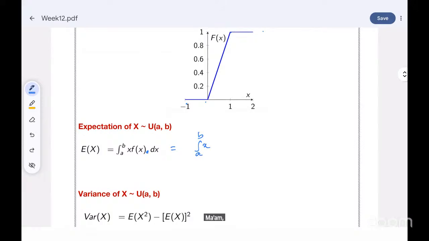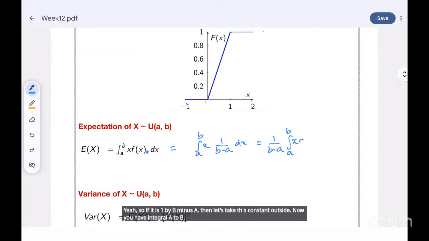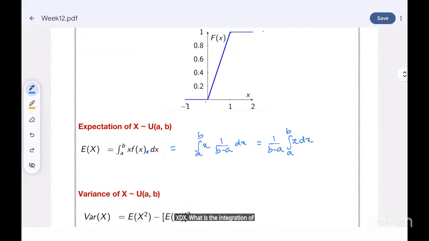This is just a constant, which is 1 by (b minus a), right? Yes. So if it is 1 by (b minus a), then let's take this constant outside. Now you have the integral from a to b of x dx. What is the integration of x dx? X square by 2.